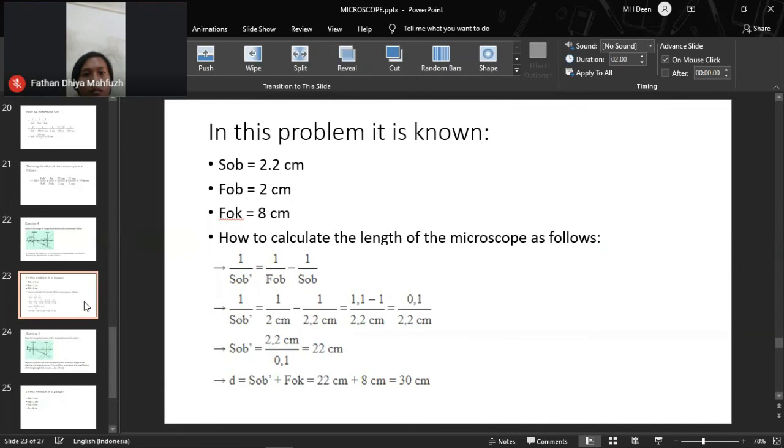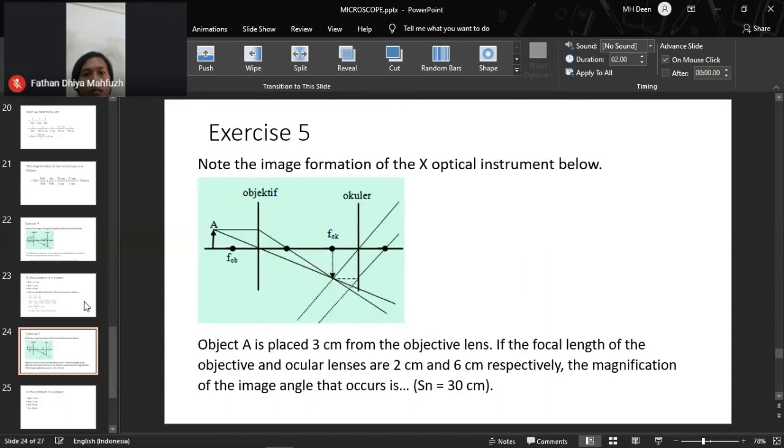In this problem, it is known S_OB 2.2 cm, F_OB 2 cm, F_OK 8 cm. How to calculate the length of the microscope is as follows. And the conclusion is d equals 30 cm. Next.